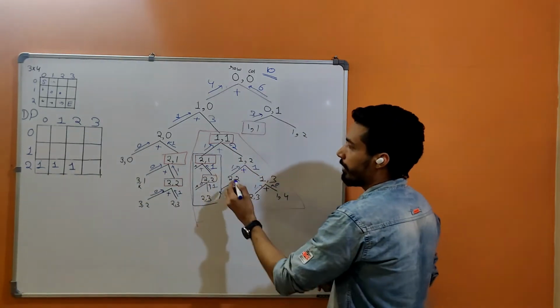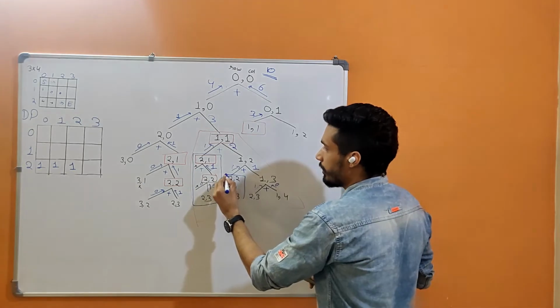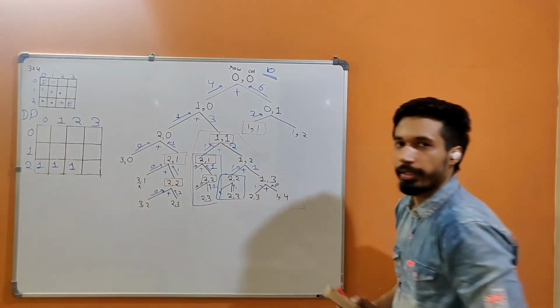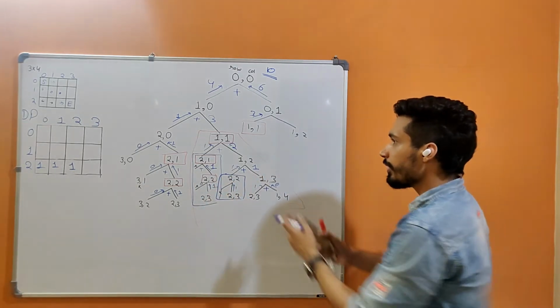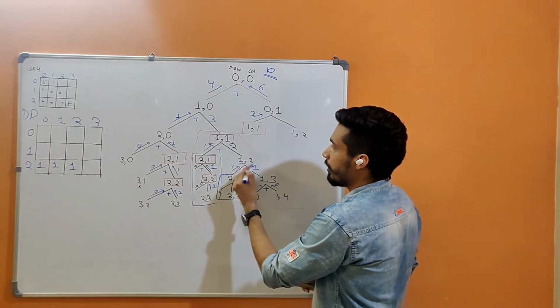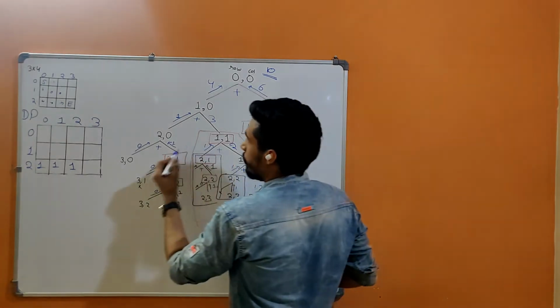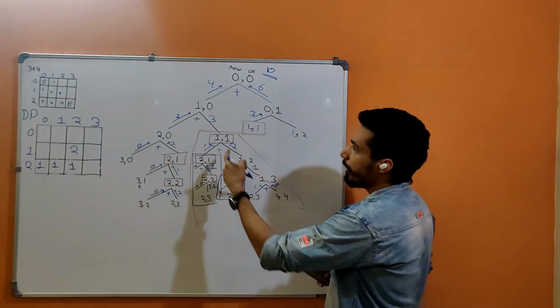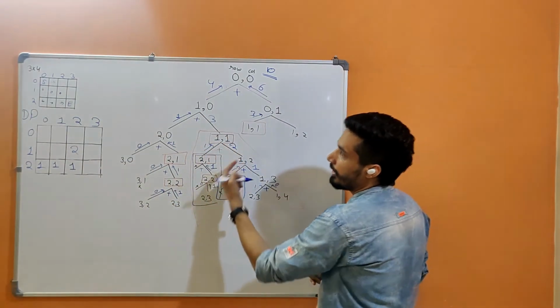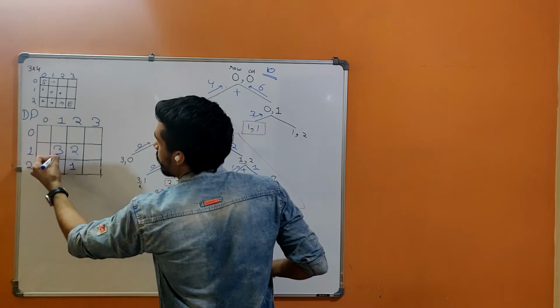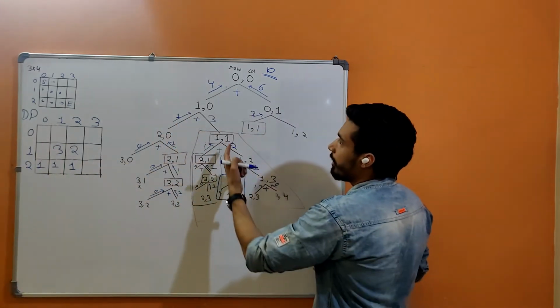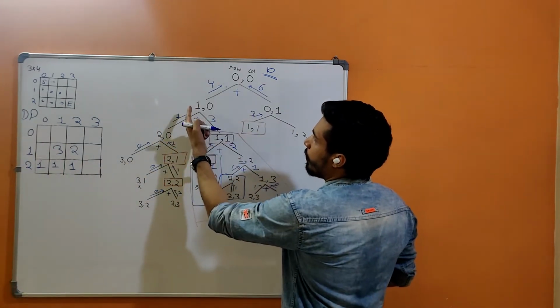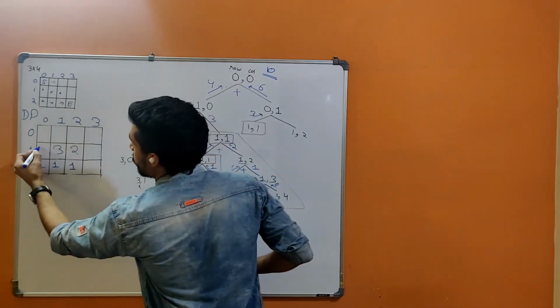So we just simply return 1 instead of computing this subproblem again. And from 1 2 we will get 2. From 1 1 we will now get 3. All right. Now 1 0 will return 4.